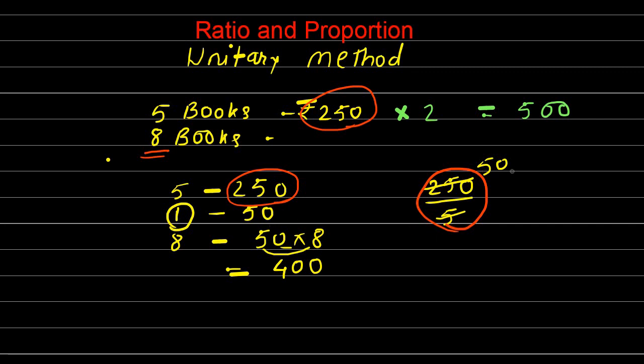So we got the cost of one book, that is 50 rupees. Now the cost of one book is 50 rupees, then the cost of 8 books, to find out that, you just need to multiply 50 times 8. And that's how you got your answer, that is rupees 400 is the cost of 8 books.